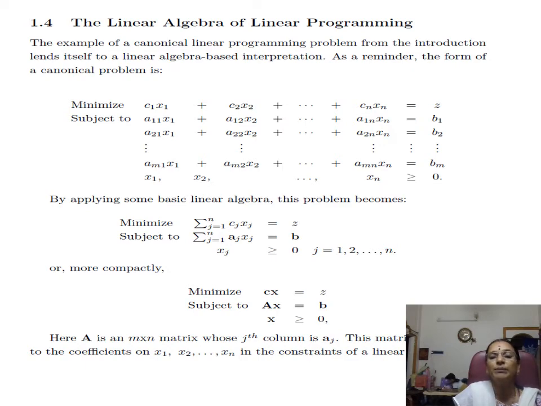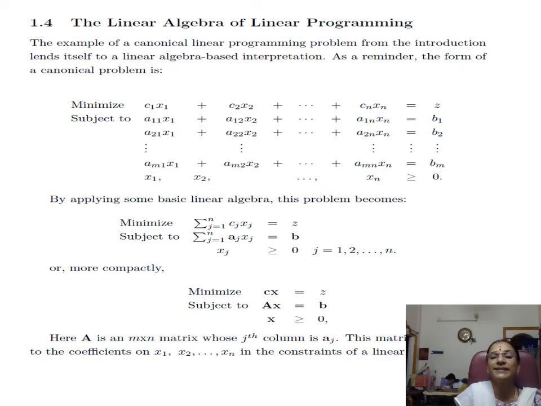And B: in this, the constraint is either greater than or less than or equal to. Whenever it is greater than or equal to B1, we change it into equation form using the surplus variable, so we use minus S1. For example, for greater than or equal to B1, instead of greater than or equal to we want equal, so A11 x1 plus up to A1n xn minus S1 equals B1.